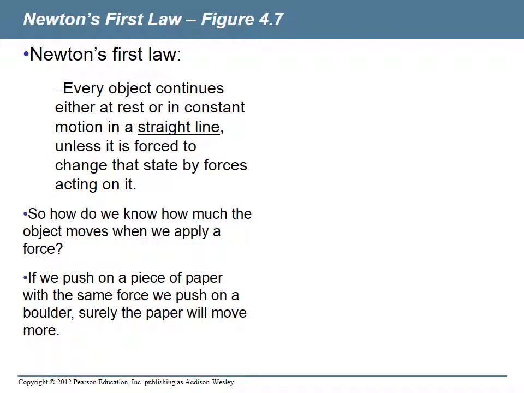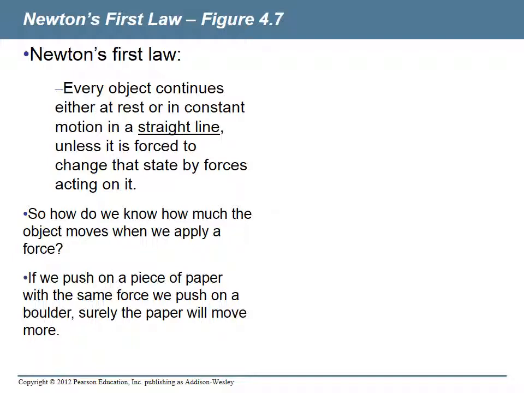What Newton's first law says is that every object continues either at rest or in a constant motion in a straight line. Very important that you say in a straight line, unless it's forced to change that state by forces acting on it.